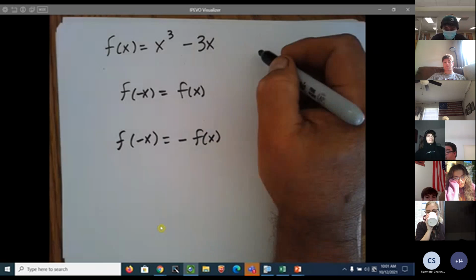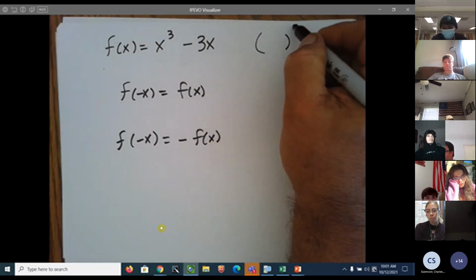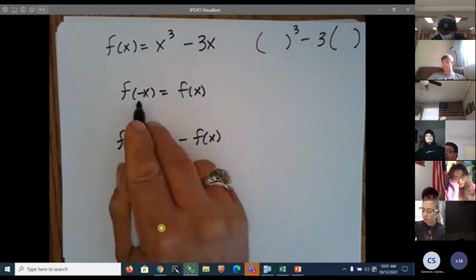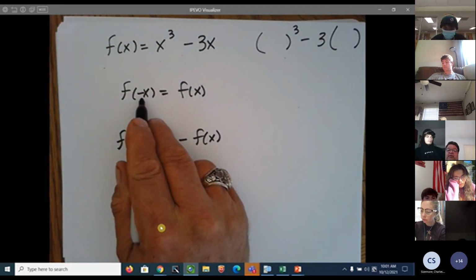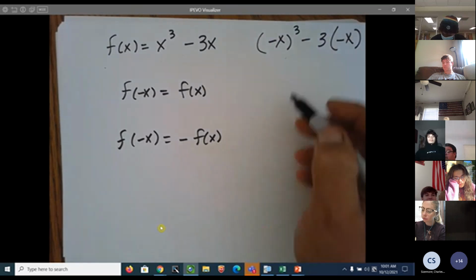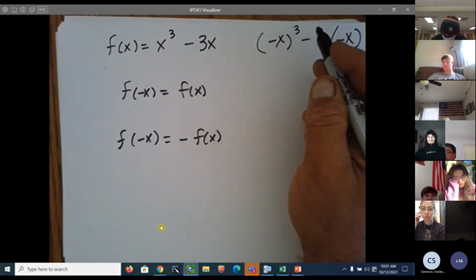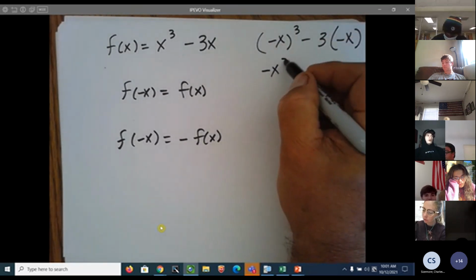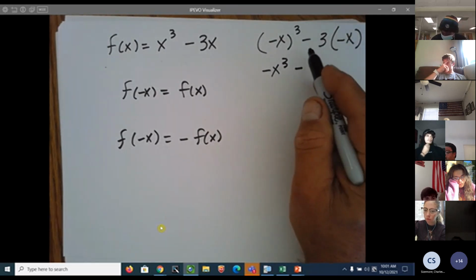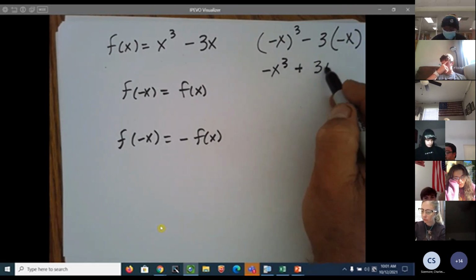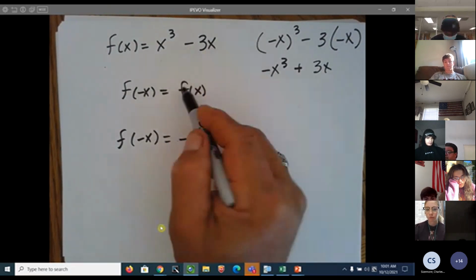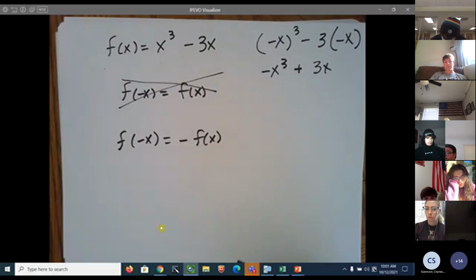I'm going to plug in parentheses cubed minus 3 times parentheses, and plug in negative x. Well, negative x cubed is equal to negative x cubed. And negative times negative would be a positive 3x. Well, that's not equal to f of x, so you can forget about that one.